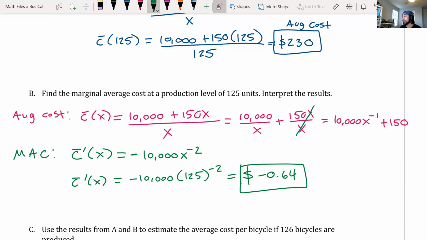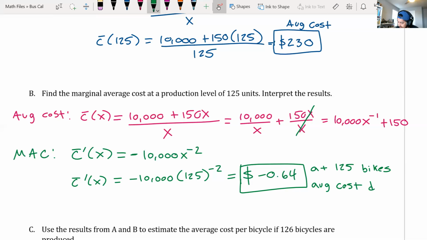So this says to interpret the results. Remember to always think of slope. Did we get a positive or negative output? Negative. This means that at 125 bikes, is our average cost increasing or decreasing?